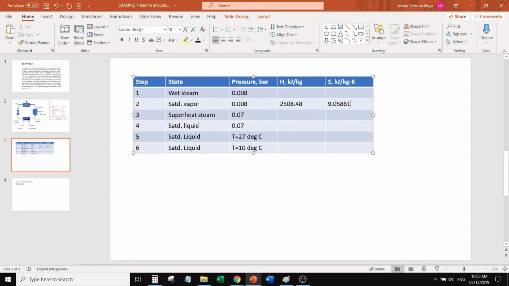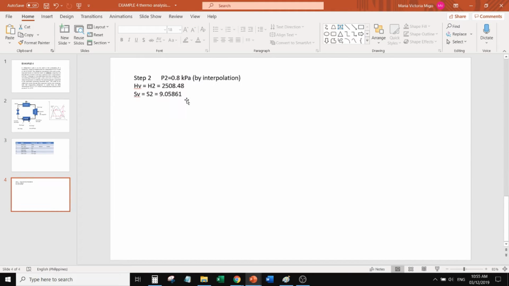Next, let's try step 4, saturated liquid at 0.07. Pressure 4 is 0.07 bar, so times 100, 7 kilopascals. Similarly, we can get this by interpolation.